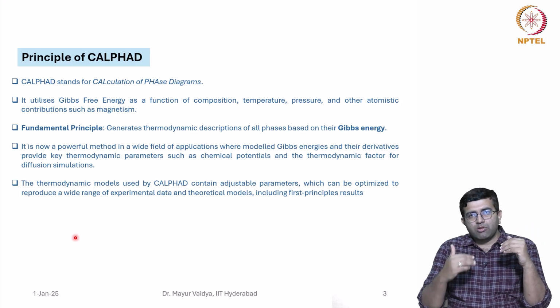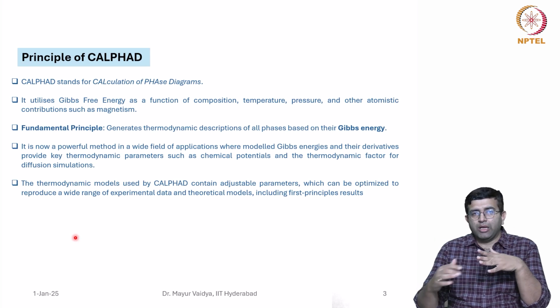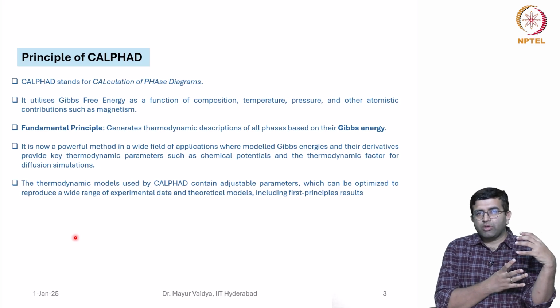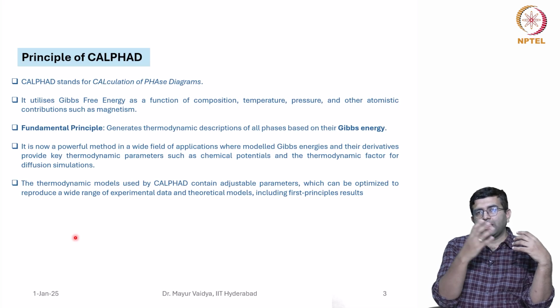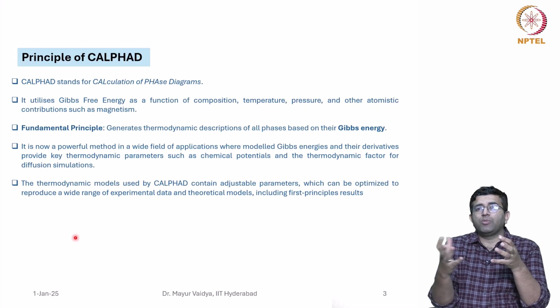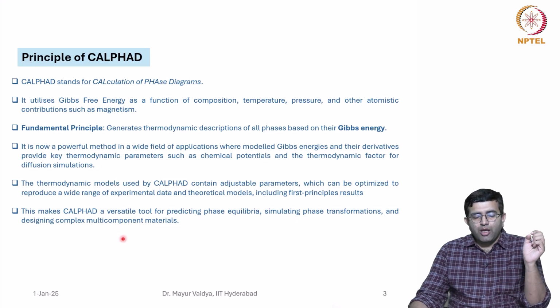Based on the experimental results only can reliable models be built, and then with the available set of experimental results you create your models and use them to predict the conditions which have not been done experimentally. So, this makes CALPHAD a versatile tool for predicting phase equilibria, simulating phase transformations and designing complex multi-component materials.